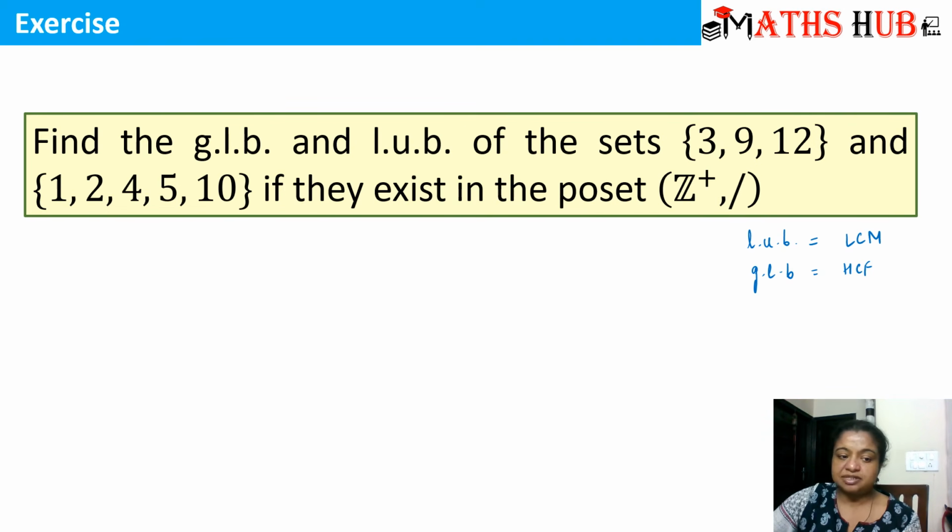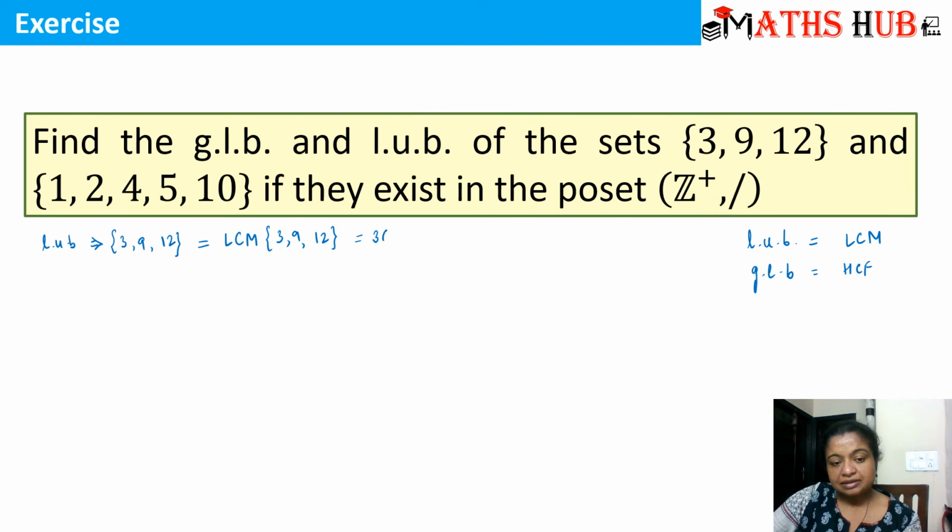So the first subset is 3, 9 and 12. When I have to calculate the LUB of this subset, I have to calculate the LCM of 3, 9 and 12. And what is the LCM of 3, 9 and 12?